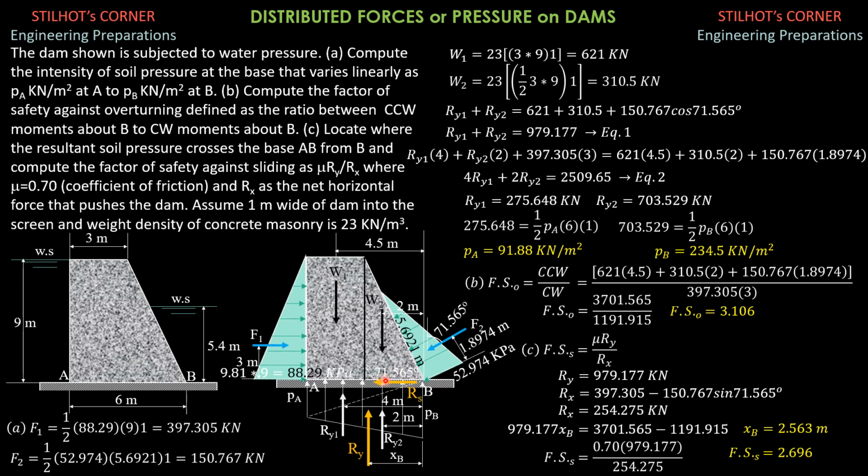So this is the resistance to sliding caused by friction, and the net horizontal force is F1 minus the horizontal component of F2. The resistance to sliding should be greater in magnitude than the net horizontal force that pushes the dam, so that the dam will be safe against sliding. So that's it for this video.